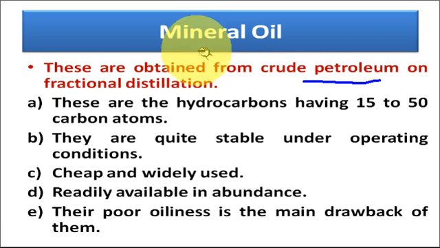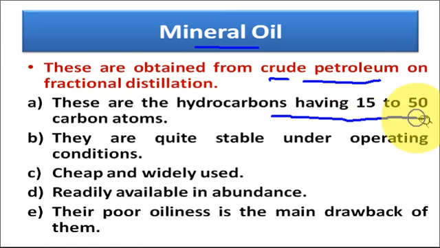So, the source of the mineral oil is the crude oil. The properties or the main features of the mineral oil are, these oils are the hydrocarbons having 15 to 50 carbon atoms. So basically the composition contains C15 to C50 carbon atoms in the mineral oil.